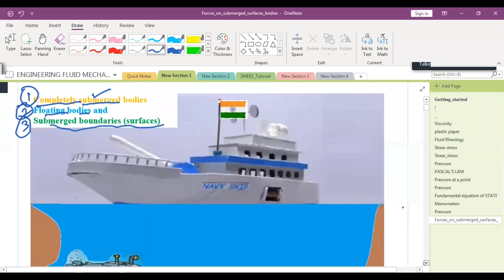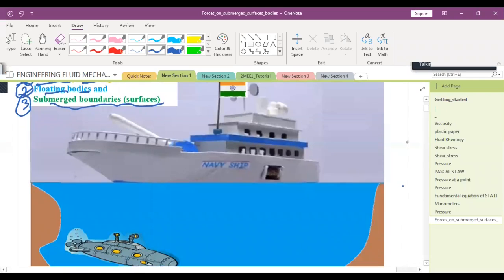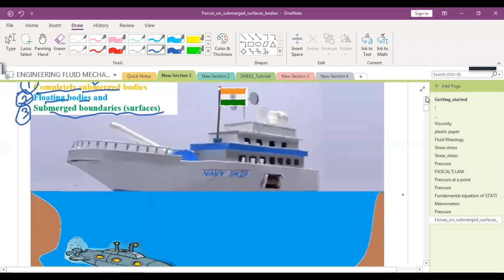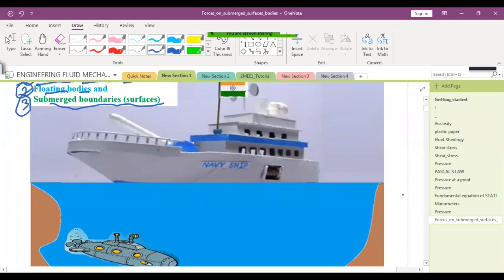Now, in the picture you can see, let me know which one falls in category number 1, that is completely submerged bodies. I mark this ship as A, this submarine as B, and this sea floor as C. So what is A?